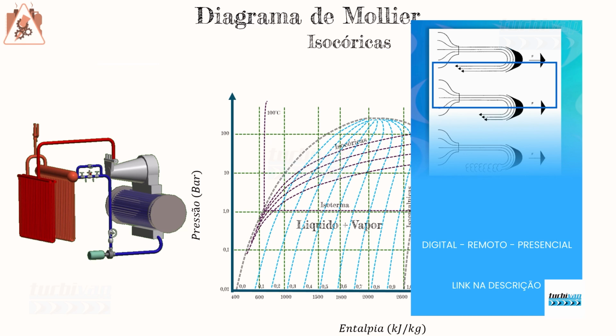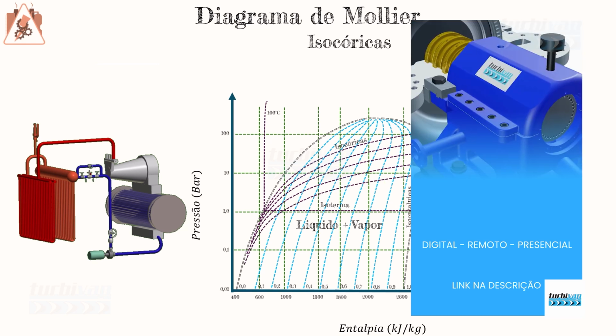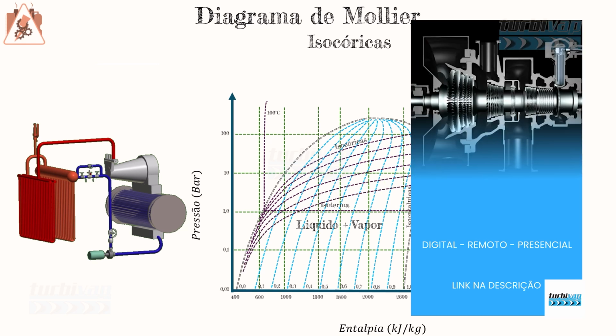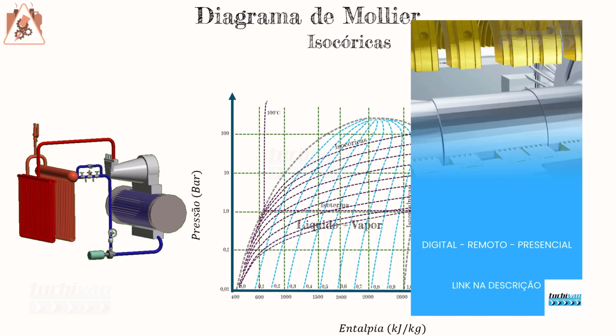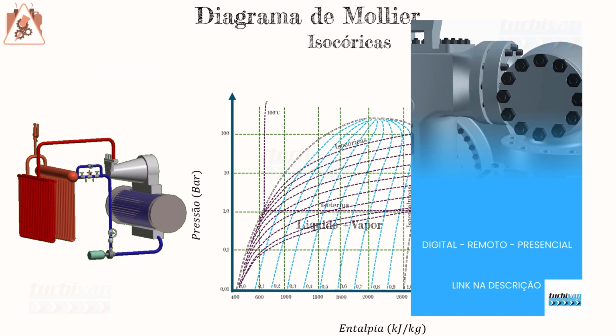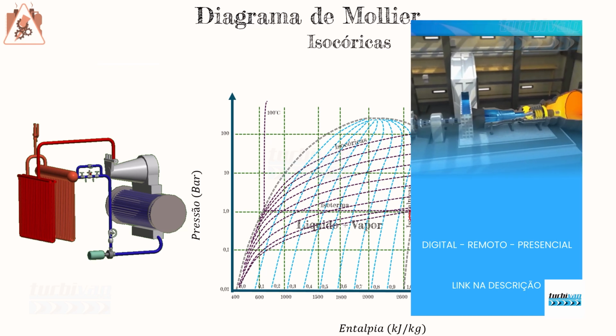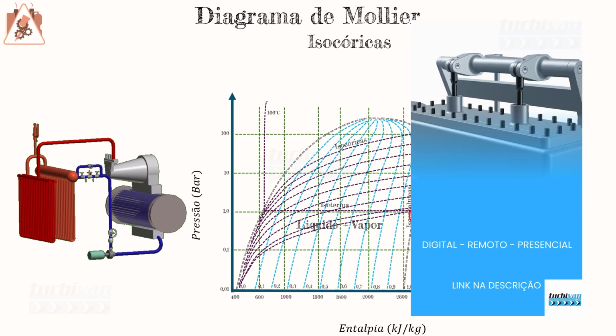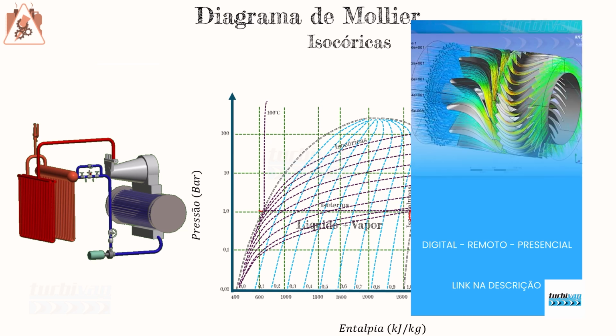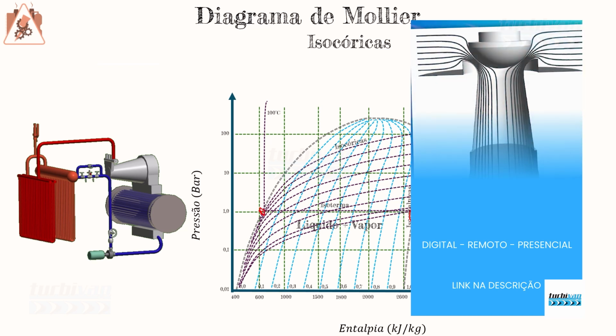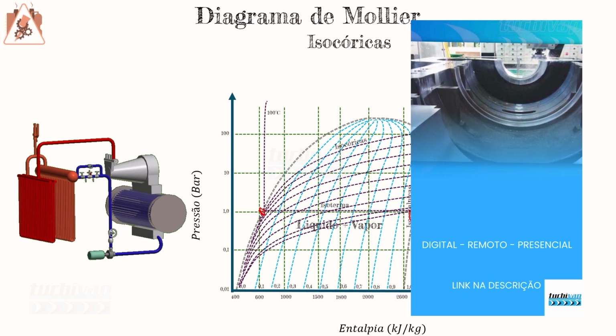Then, finally, 1.68. So let's imagine that we have a volume of 1.68 cubic meters per kilogram at this point, and here we have a volume that we can read from this curve, basically 0.02. So look at the difference in the size of the volume expansion.